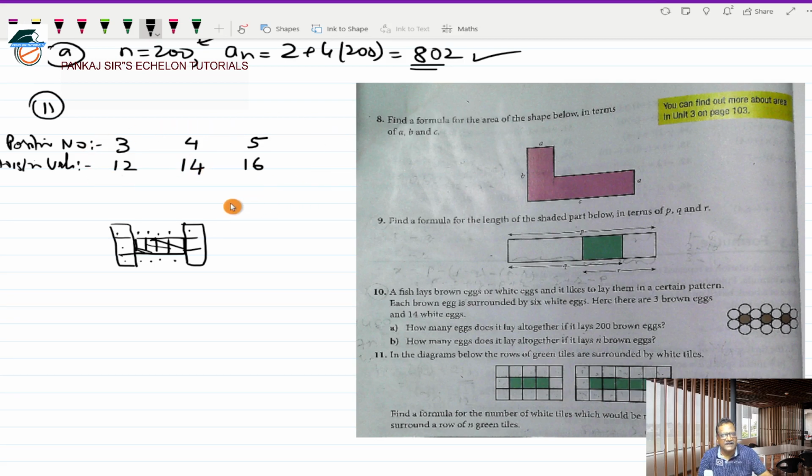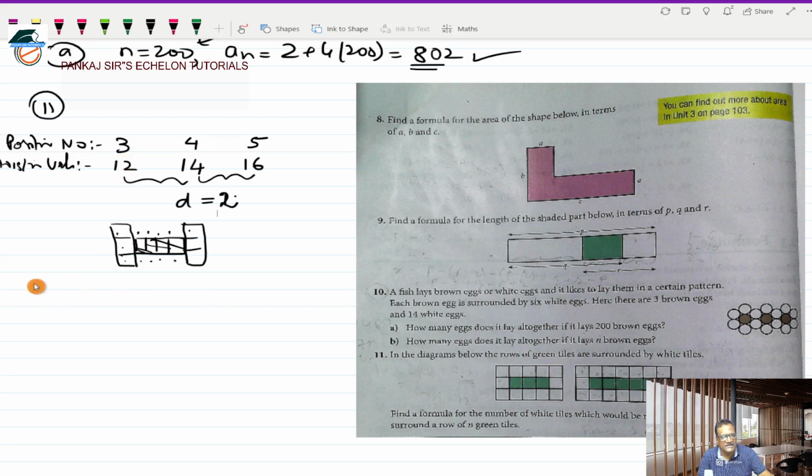Now you can see a clear pattern over here. This difference is 2: 12, 14 and 16. So this has a common difference of 2. But our position number 3 is not the first one.